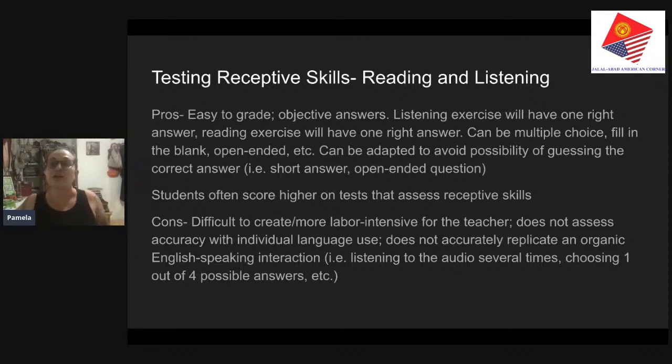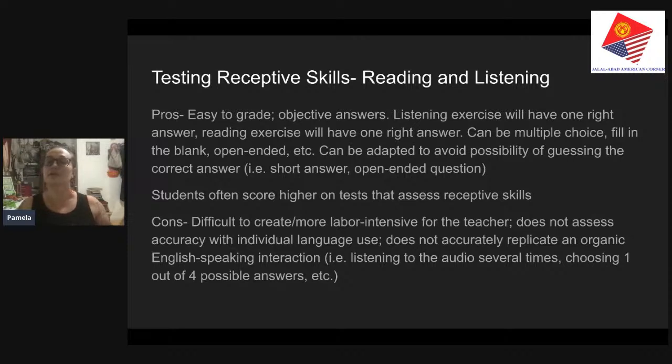The listening exercise will have one right answer. Reading, yes, will have one right answer. It can be multiple choice, fill in the blank, open-ended. And it can be adapted to avoid the possibility of guessing the correct answer. So if you really want to challenge your students and you don't want them going through multiple choice answering B, B, B, B, and thinking that, well, they will get at least a quarter correct, you can have it be a short answer or open-ended question.